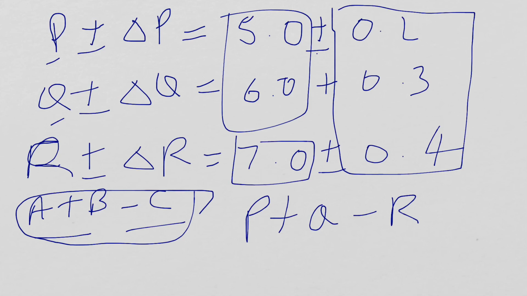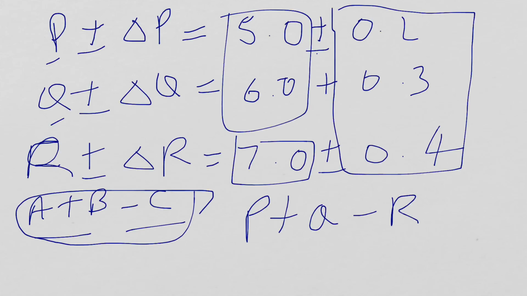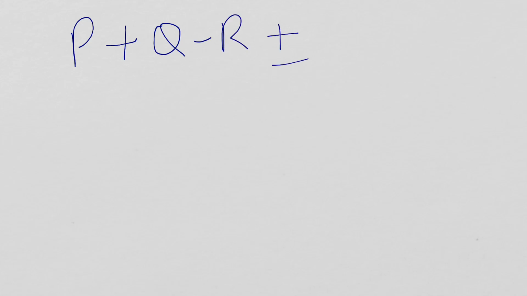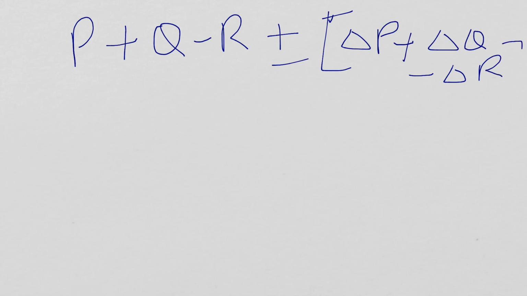So let's solve this question here. We will write the equation as it is: P plus Q minus R, plus or minus, and in the bracket we will write all the delta values: delta P plus delta Q minus delta R. So this is the formula.